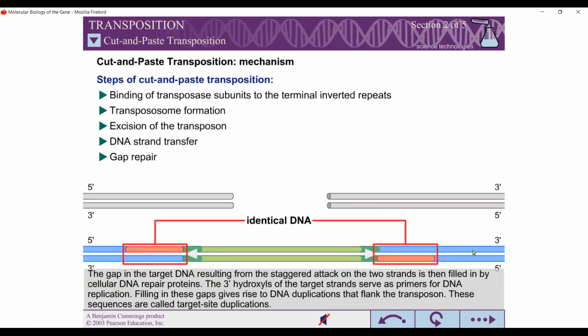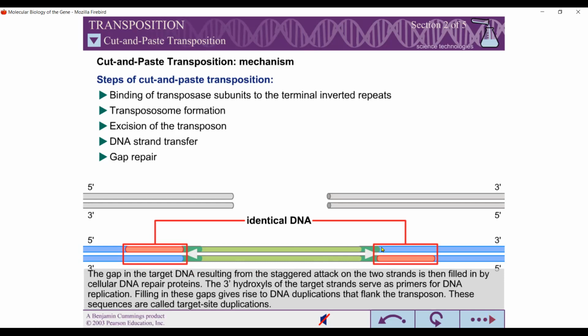As you can see, initially the green portion was the transposable genetic element. The light green was the central DNA part. The dark green were the borders, which are the inverted repeats. When it enters a target site and makes a staggered cut, and when this staggered cut is filled, you saw that in the target DNA, the direct repeats were generated. So these are known as target site duplication.